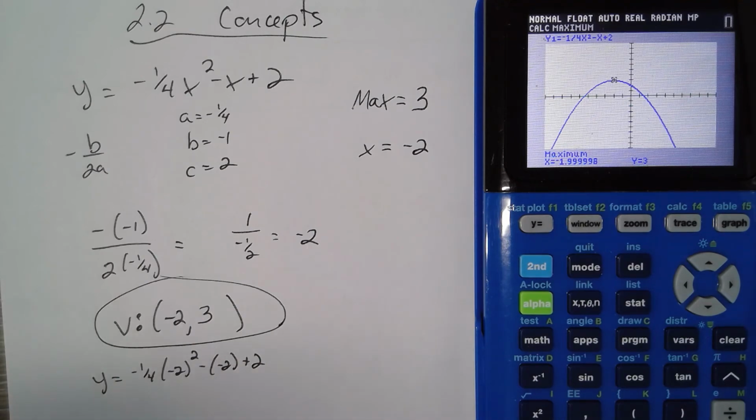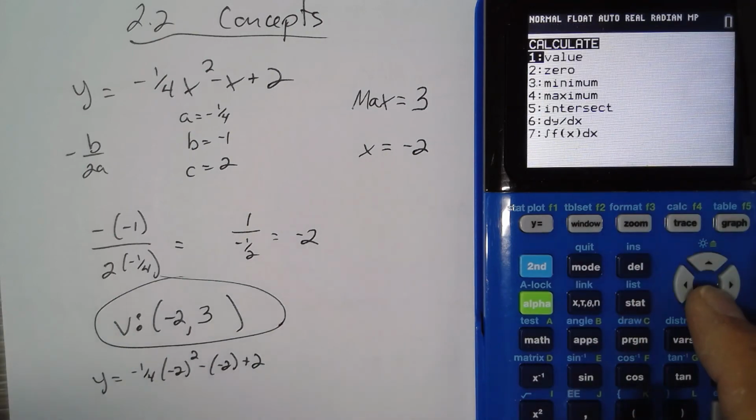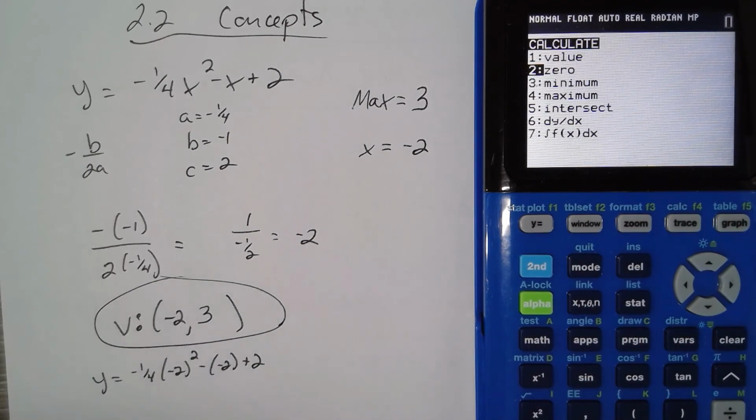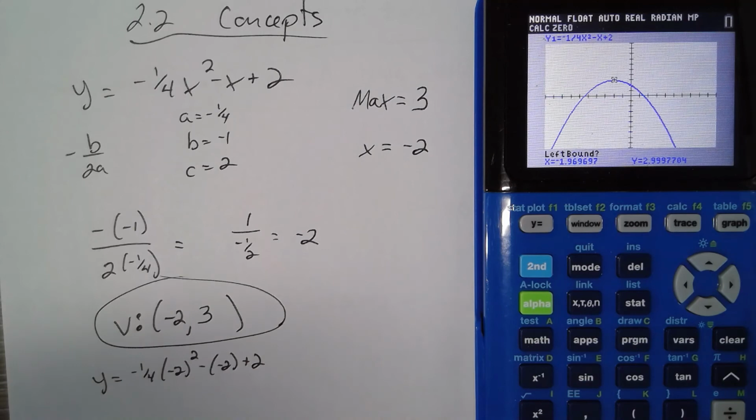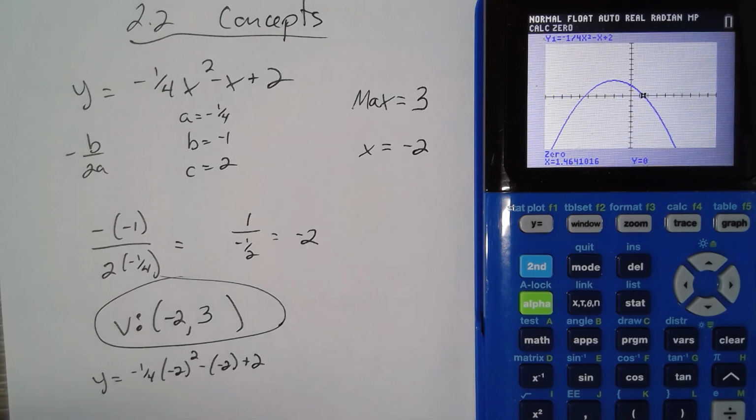And I suppose we could revisit our x-intercepts, and how to use your calculator to do that. So that's another calculate. In this case, we're going to calculate the zero. Zeros and x-intercepts are basically the same thing right now. So left bound, we're just going to go on the left side of our x-intercept. Right bound, go on the right side. Guess. And then we get 1.46 comma 0.